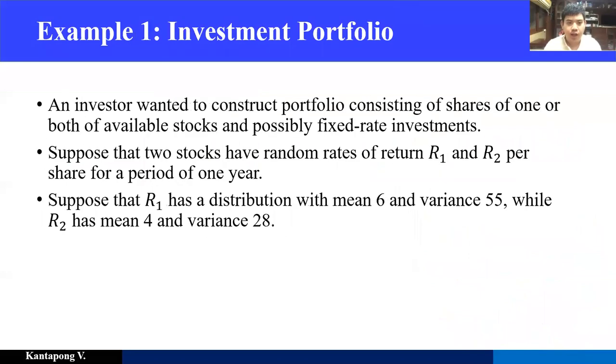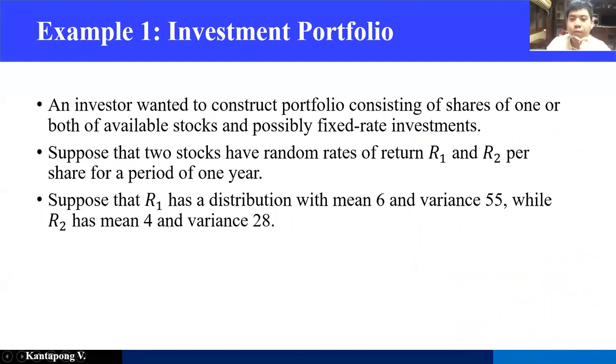That's the corollary. The first example is an investment portfolio. An investor wants to construct a portfolio consisting of shares of one or both of the available stocks and possibly fixed rate investments. Suppose that two stocks have random rates of return R1 and R2.